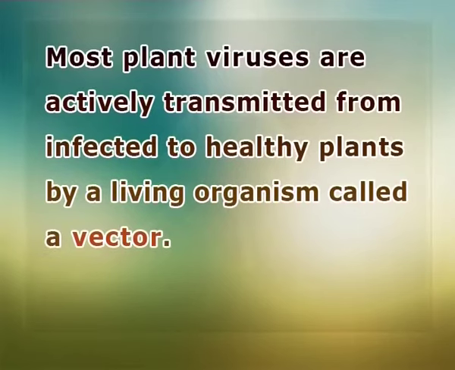Only few viruses such as TMV rely on long term survival in the environment, which can be up to many years, and on passive mechanical transmission from plant to plant. Most plant viruses are actively transmitted from infected to healthy plants by a living organism called a vector.